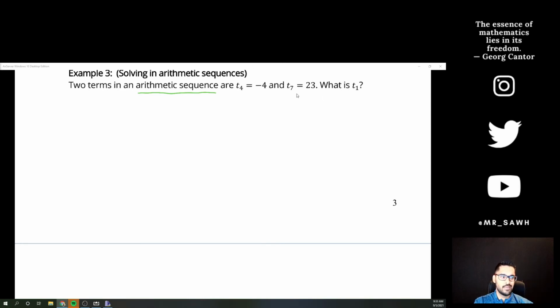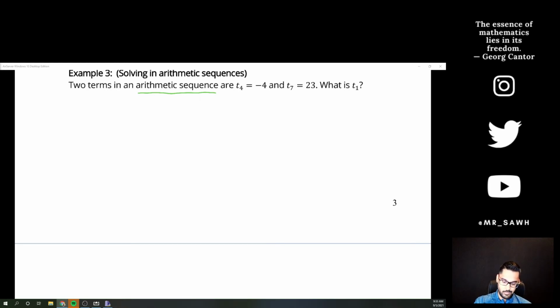So from term 4 to term 7, I'm adding some number 3 times, but it's the same number. Even though these terms aren't side by side, think about subtracting them. The difference you find should be divisible by 3 because you're adding that difference 3 times to get from term 4 to term 7. We're just skipping 5 and 6 in between.